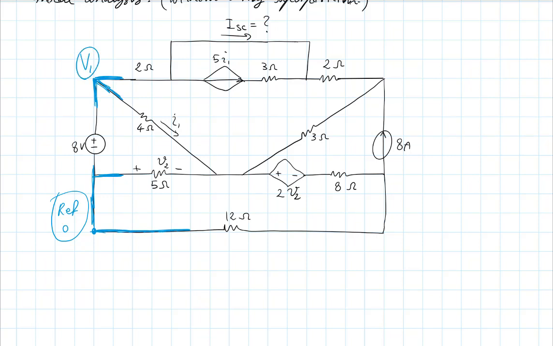Let's say this has voltage V1, capital V1. I have another node here. This is all one big node. Another node here, might be a little harder to see, but that's V3. A big node here, V4. Another one here.